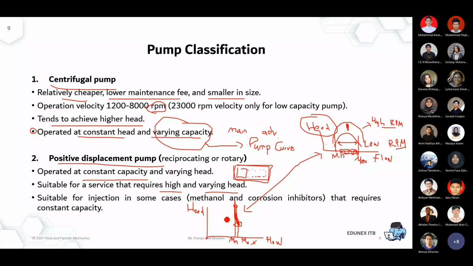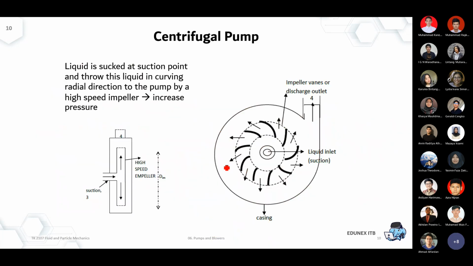It's possible for us to buy a PD pump instead of a centrifugal pump. Okay. So when you can make sure as an engineer that, okay, I'm going to design it in a way that my flow rate can be maintained at a constant capacity, such as an injection, probably an injection pump, it's possible for us to use a PD pump, a reciprocating or a rotary pump. Okay. So I will continue my explanation first before opening for questions.